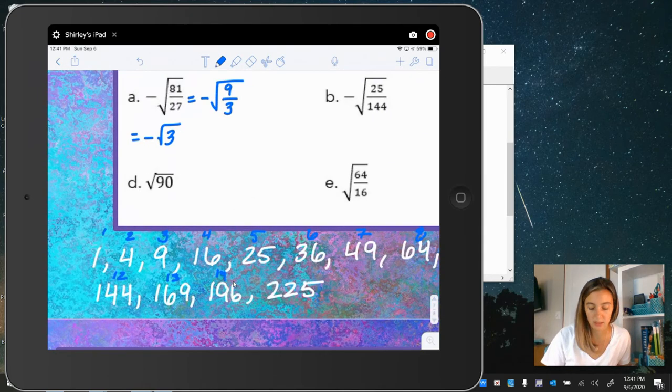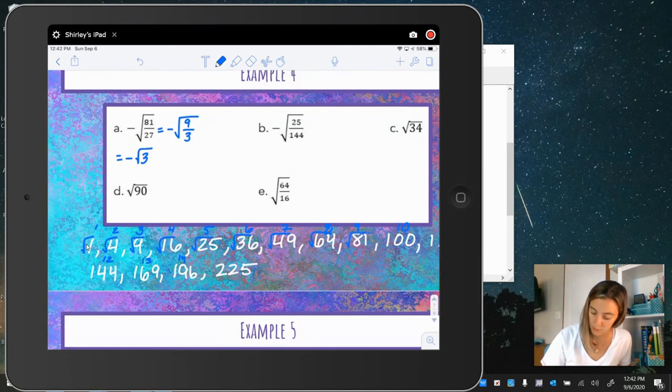Okay, so again, 3 does not fall on my list of perfect squares. I don't off the top of my head know what the square root of 3 is, but I know, again, we're specifying that these are all square roots. Just writing this out so you can visualize what I'm going to say in a second.